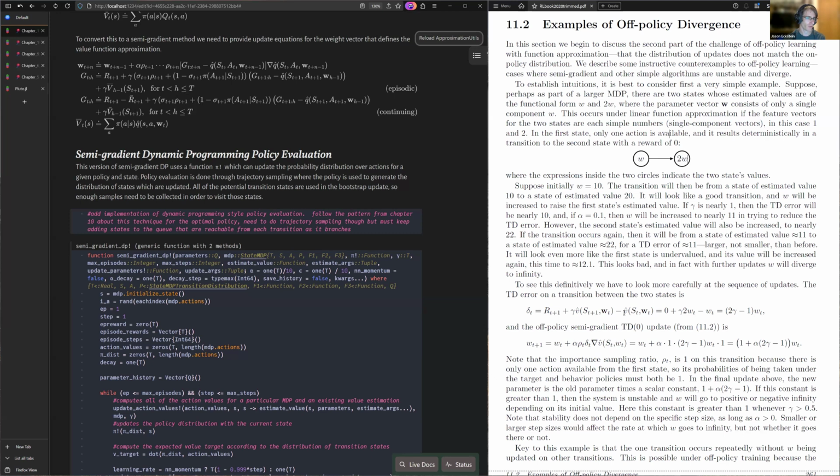And then we compare that to the current estimate. In this problem, the reward is 0, so we don't have to worry about that. The estimate of the second state is 2W, so 2 gamma W, and the estimate of the first state is W. So we have a delta that looks like this.